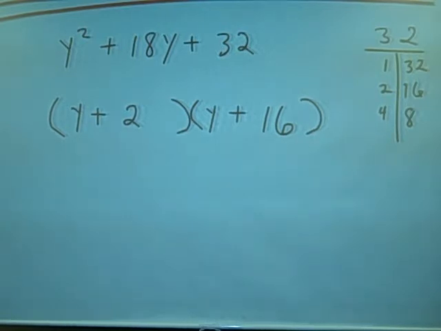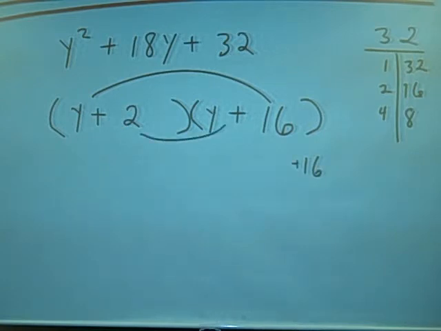There's not much trial and error when you can do that. Well, let's check it. We've got plus 16y and plus 2y. That gives us our plus 18y, and that's what we need, and that checks. Questions with that?